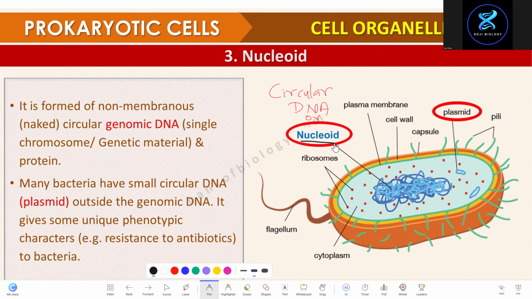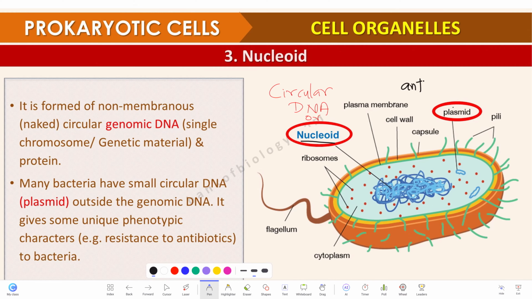And you find a second one. There's a second ring of DNA. It's called a plasmid. It has extra characteristics like antibiotic resistance. What is antibiotic resistance? Do you know antibiotic?